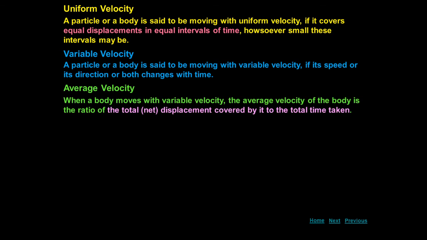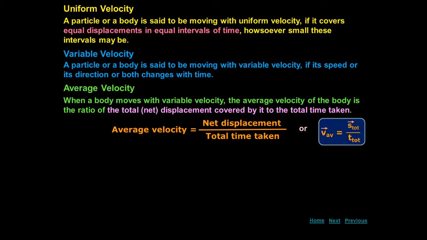Now the average velocity is the ratio of net displacement or total displacement covered by it to the total time taken. So average velocity equals net displacement by total time taken, or V average, with a vector sign, equals the total displacement by total time.